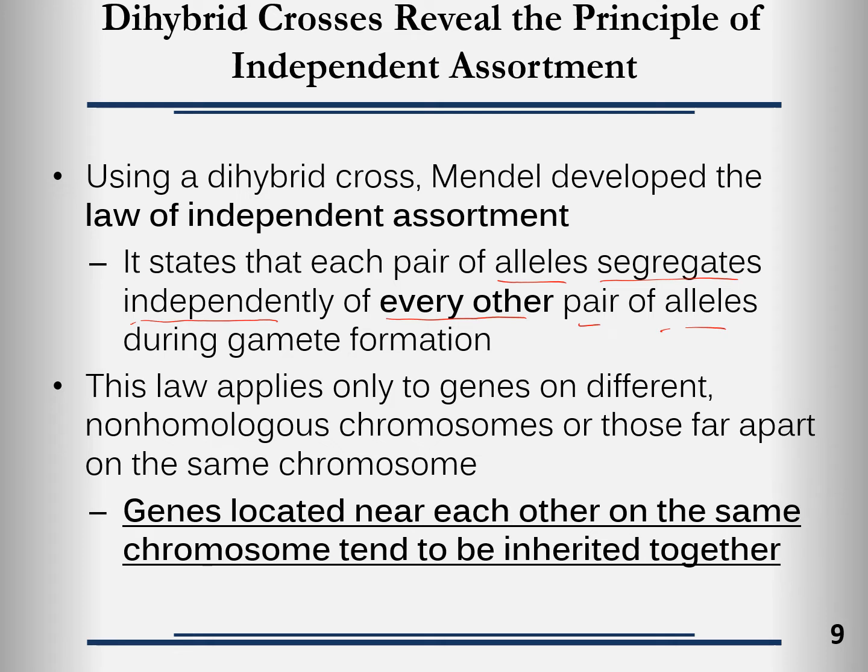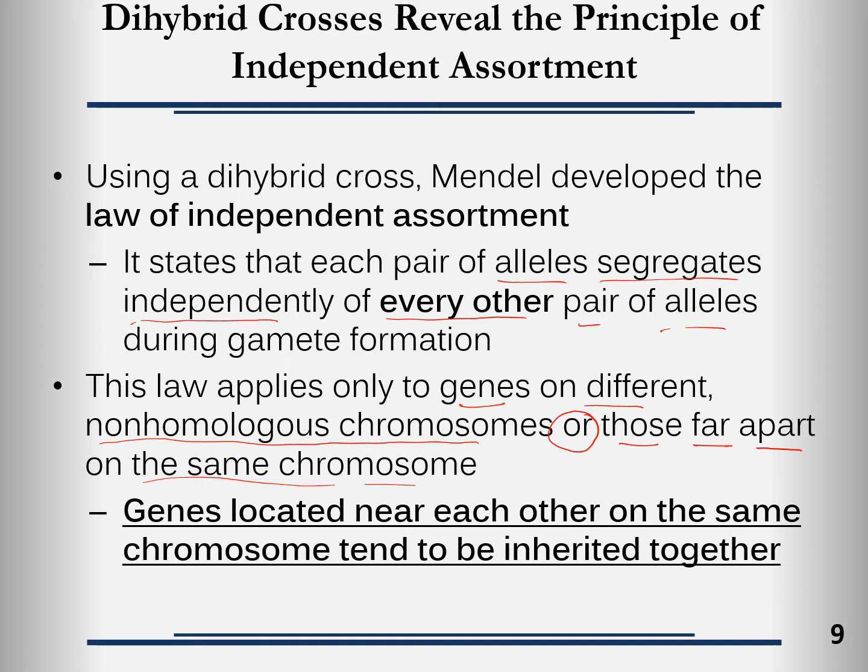As people began to replicate Mendel's work, they realized that it's not true that every genetic decision is independent of every other genetic decision. So now what we would say is that the law of independent assortment is true only for genes on different non-homologous chromosomes or those far apart on the same chromosome.